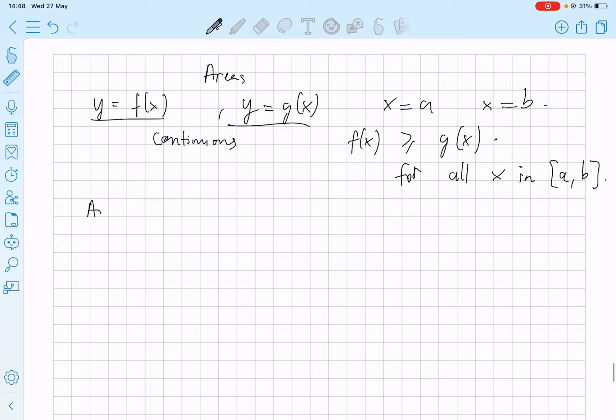So the area will equal the integral from a to b of f of x minus g of x dx.